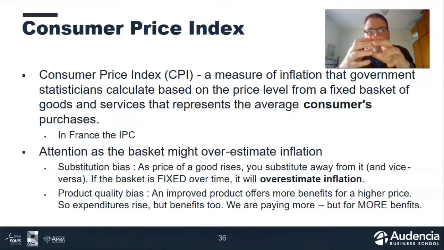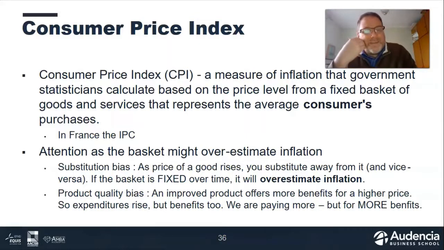Yeah, we're buying a box of cereal, maybe, or a box of juice, but maybe the juice has got more pulp in it, or maybe we have a better way of producing juice, or it's a better taste, or something. But over time, if prices are rising, maybe we're getting more for our money. And again, the price index will say, "Ooh, inflation is going up," but we're getting more for it.